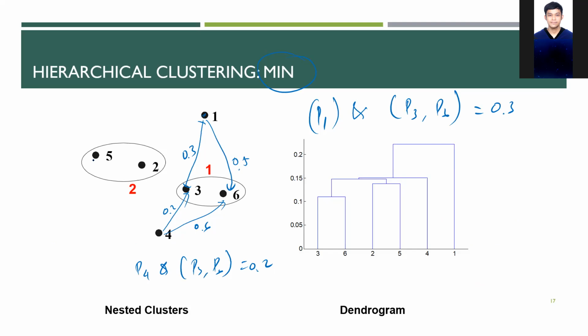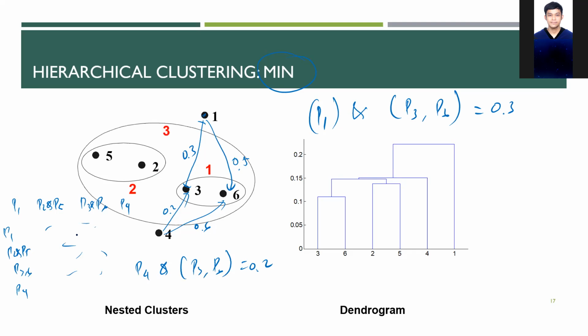After we have 3, 6, and 5, 2 in one subcluster, our proximity matrix is only P1, P2 and P5, P3 and P6, P4, in rows and columns. Okay, then we calculate again, until all are in one cluster.